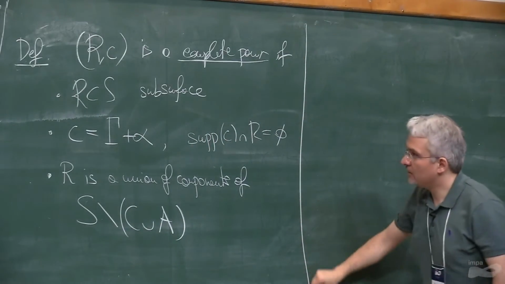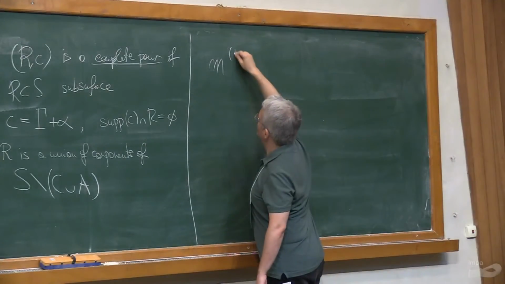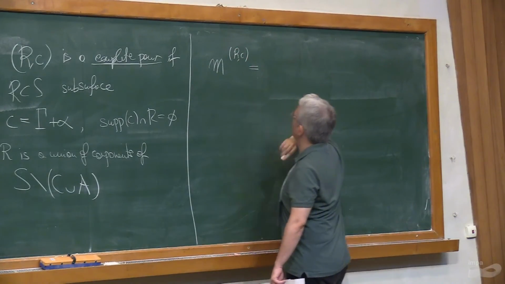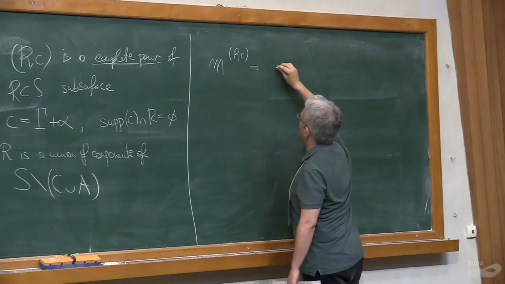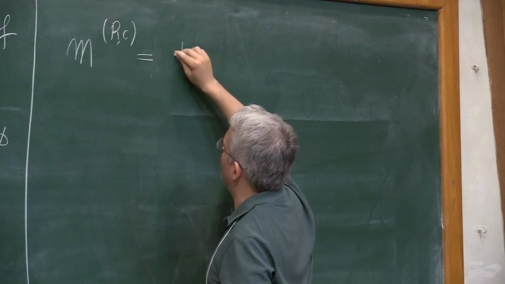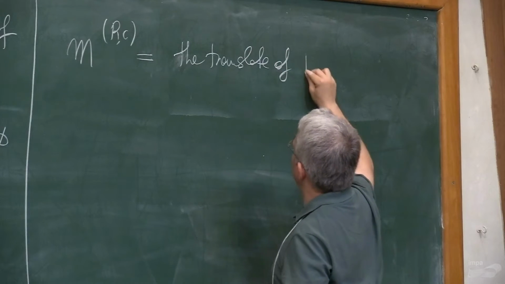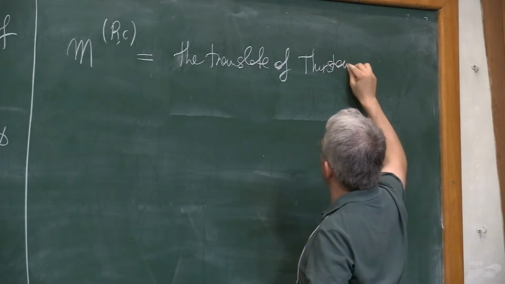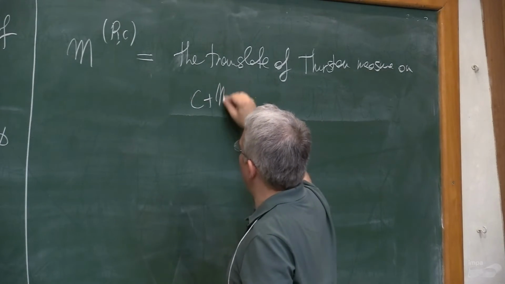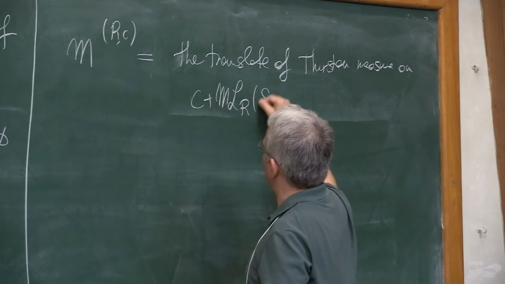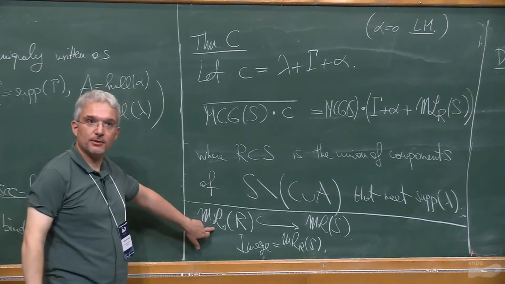So one can construct some measures out of a complete pair. Basically, we take the translate of the Thurston measure on C plus MLR. So this space carries a Thurston measure.